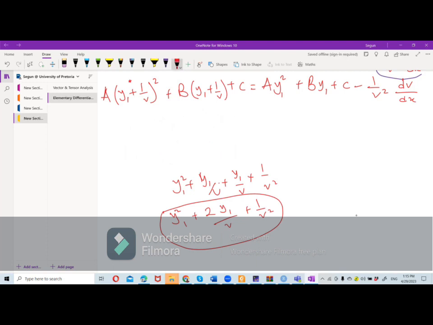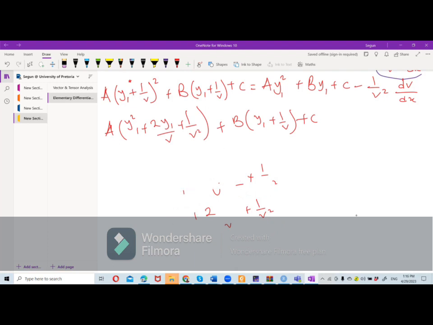By the time we have a in brackets y1 squared plus 2y1 over v plus 1 all over v squared, plus b into y1 plus 1 all over v, plus c, everything equals a y1 squared plus b y1 plus c minus 1 over v squared dv dx.